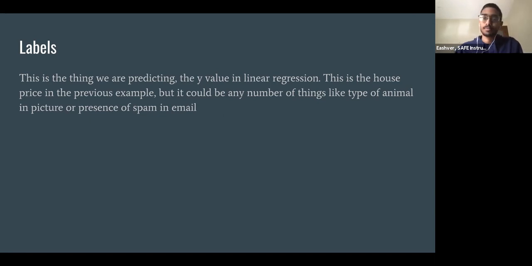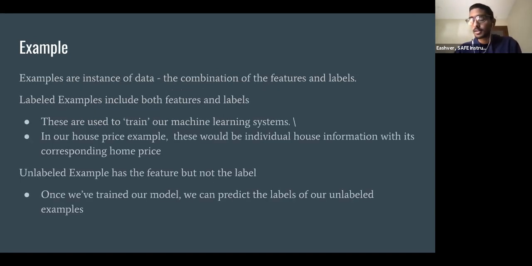When we combine those in terms of data, we get examples. That's the combination of a feature and a label, and we use those to train our machine learning systems. An example of a house might be that individual house's information along with the corresponding price.